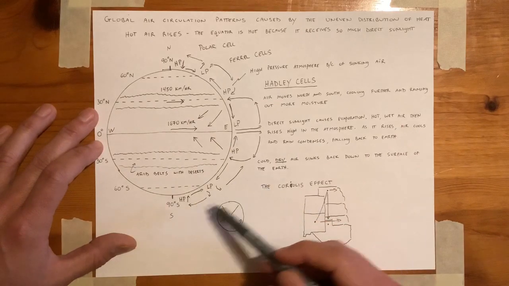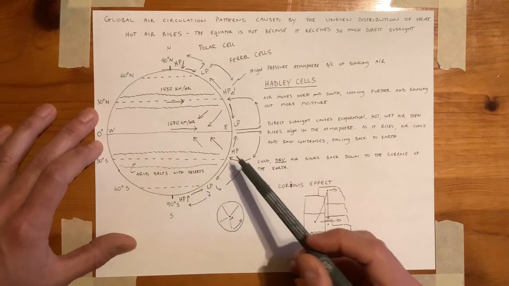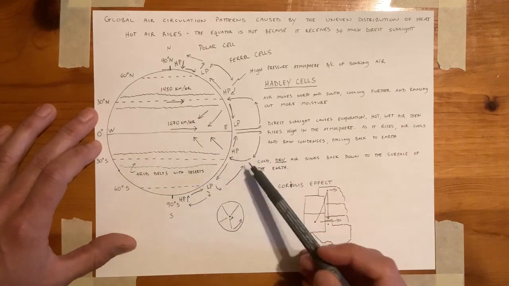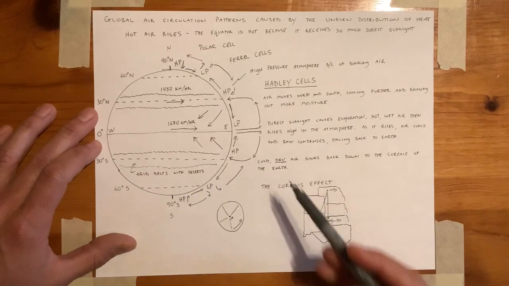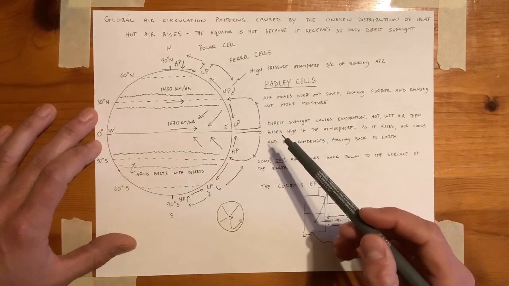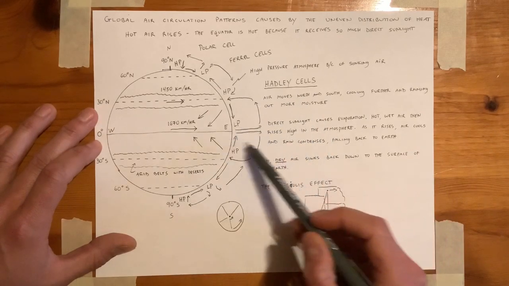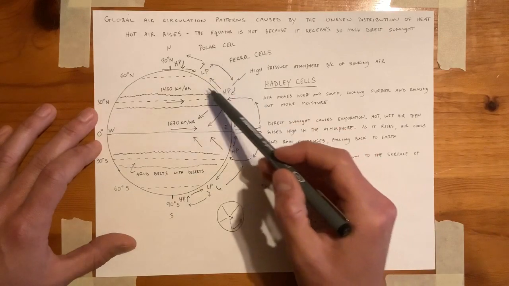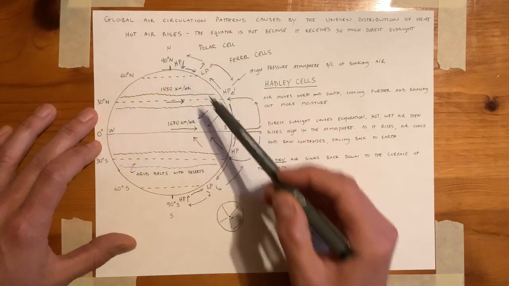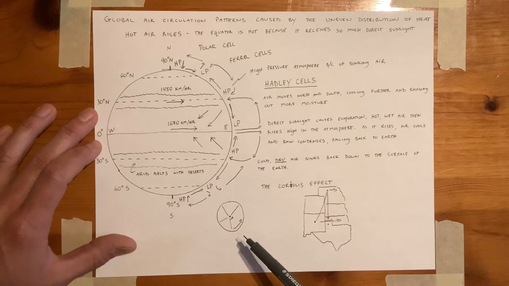So these three different cells all circulating air between about 0 to 30, 30 to 60, and 60 to 90 degrees. And these three circulation cells basically take hot air from the equator and slowly make its way in this winding path up to the poles, or down to the poles, if you will.